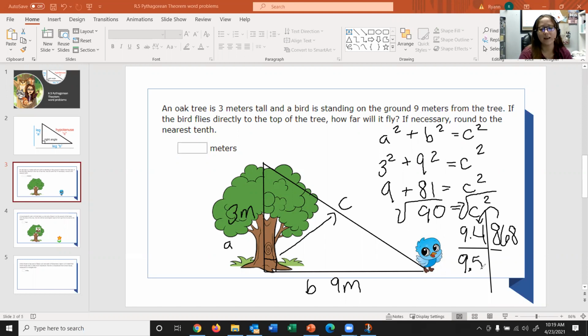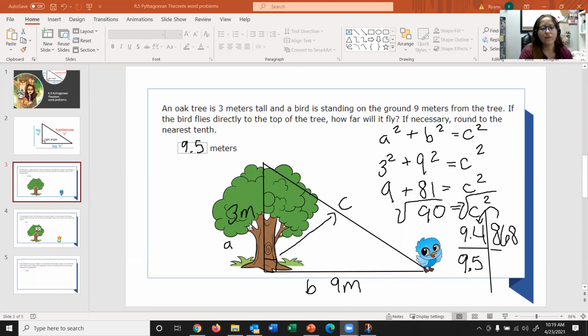So we're saying that the bird has to fly 9.5 meters to get from its ground position to the top of the tree. Now, you can also check your answer by saying the hypotenuse has to be the biggest side of the triangle. In this case, we were trying to find the hypotenuse, so it has to be the biggest number.